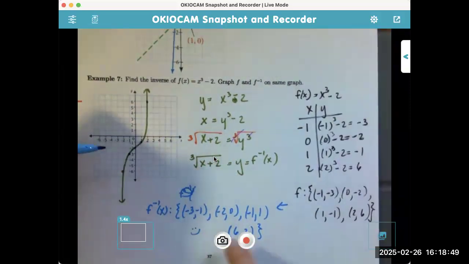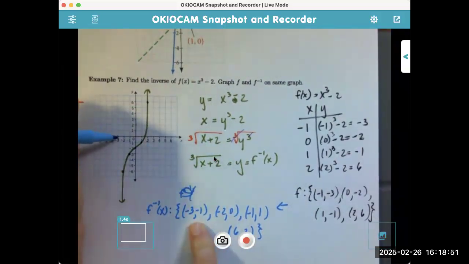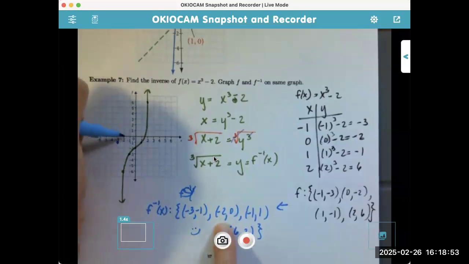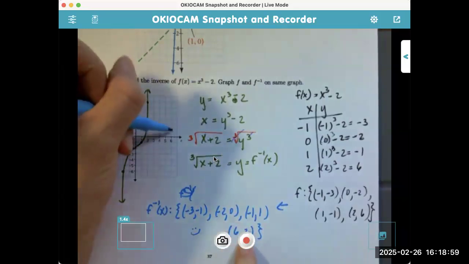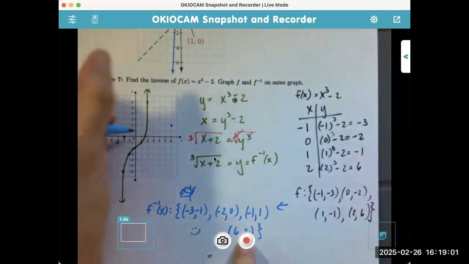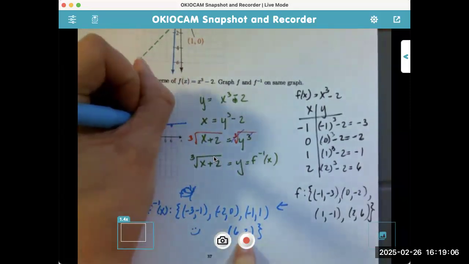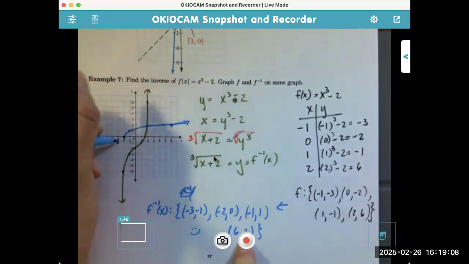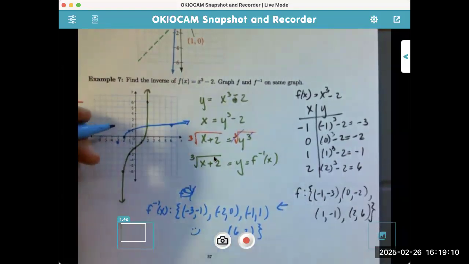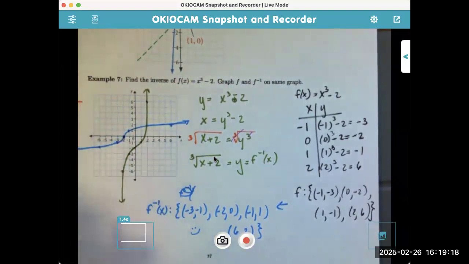So we just plot. So if it's 6, 2, then we also have -6, -2. There we go.